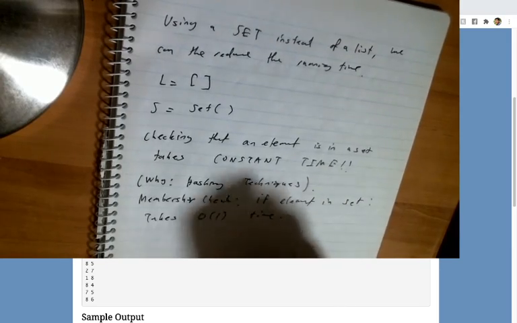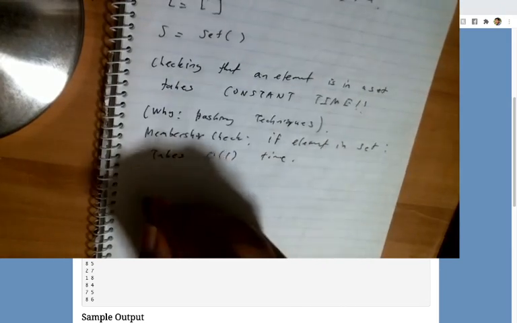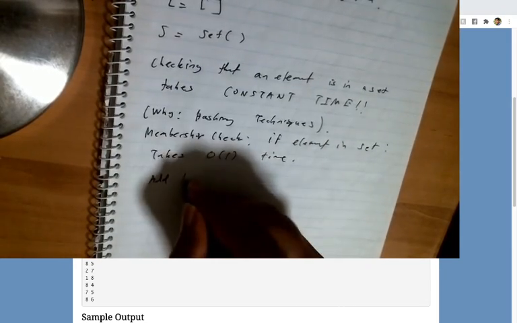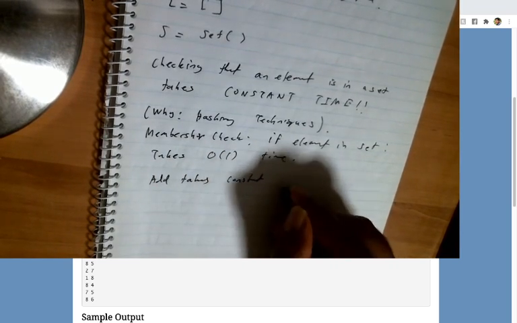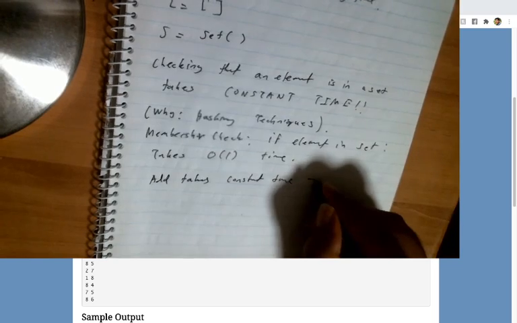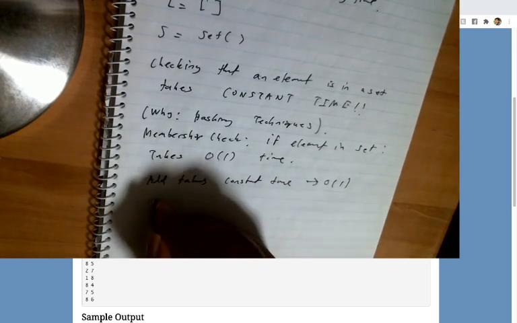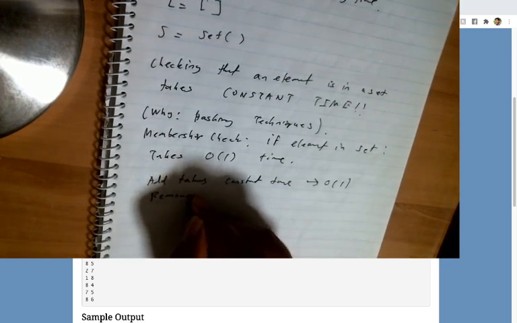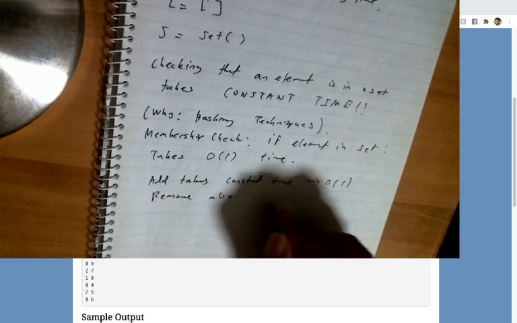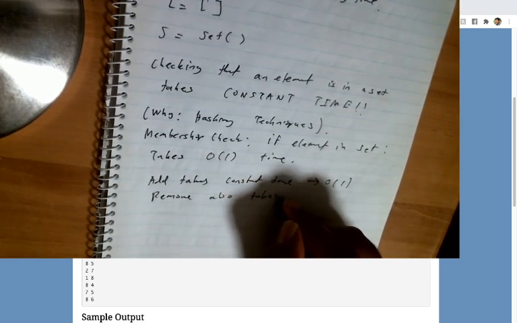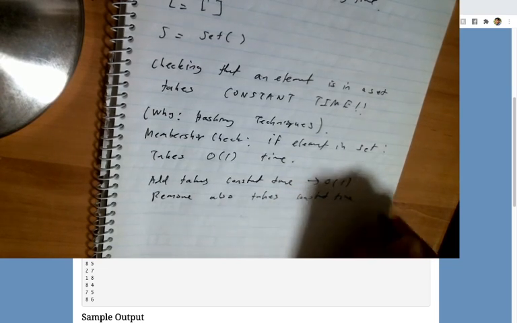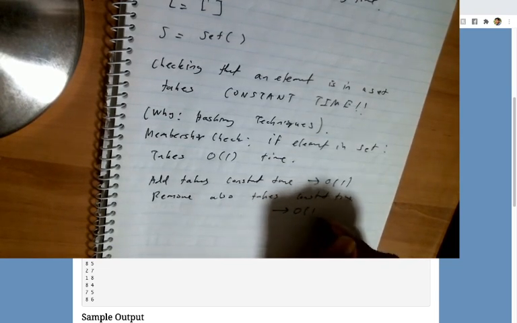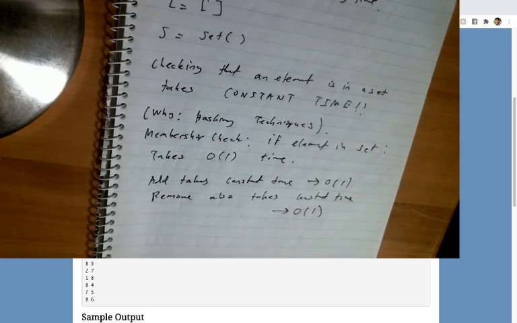The other special things about set are that add takes constant time, so this is O(1). Remove also takes constant time. This is O(1) as well. So deleting an element is O(1).